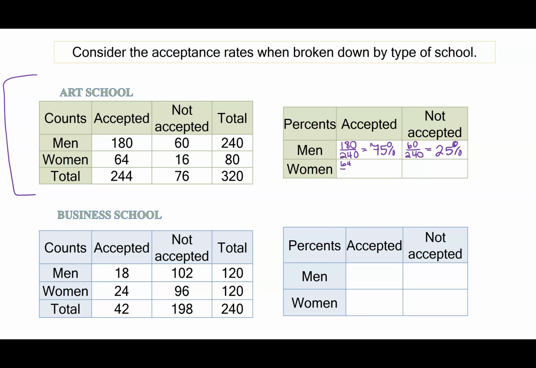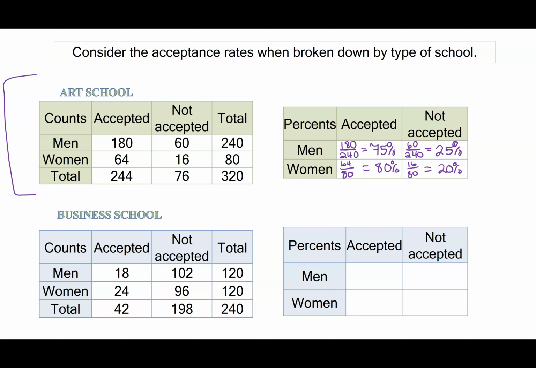Then women, 64 out of 80 that applied to art school were accepted. So that's 80%. And then 16 out of 80 women that applied were not accepted, so that's 20%. So it looks like a higher percentage of women that applied to art school got accepted, although I would argue a lot fewer women did apply.